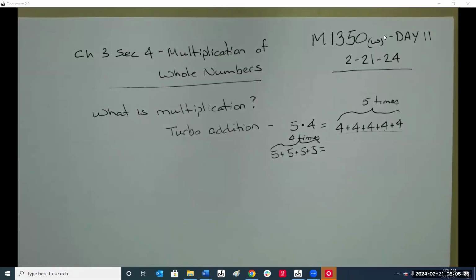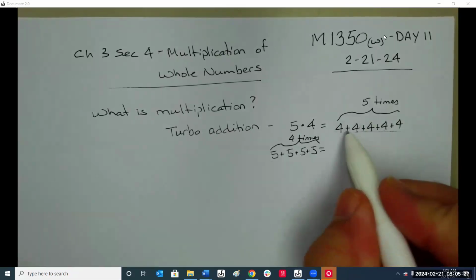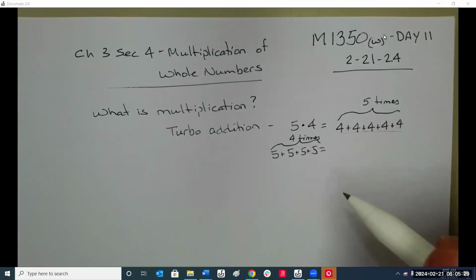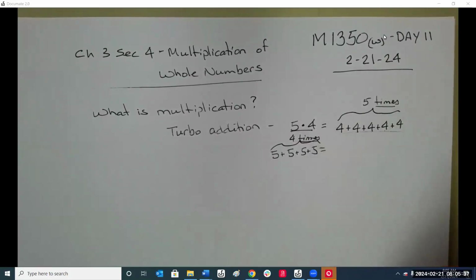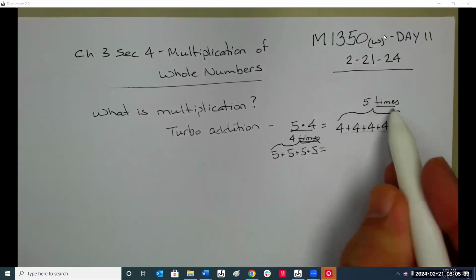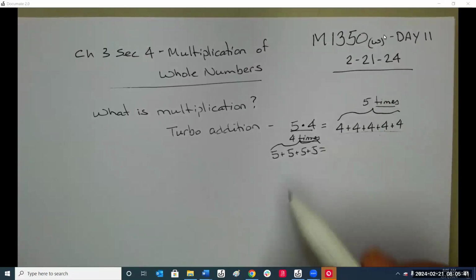The way we describe it, we have 4 here 5 times. How do you read that? 5 times 4. So it's not a happenstance that it's the same words we use: 5 times 4 or 4 times 5. So that's what it means.